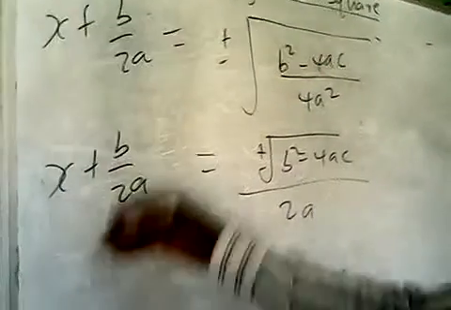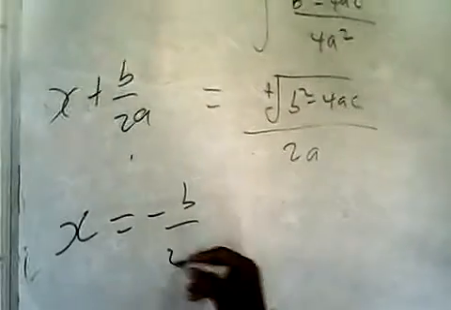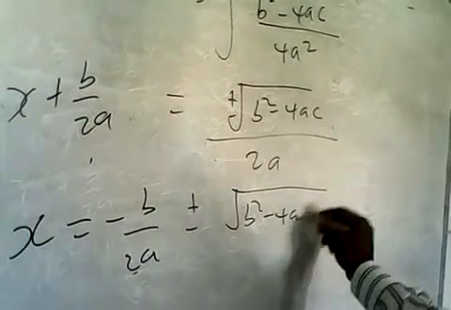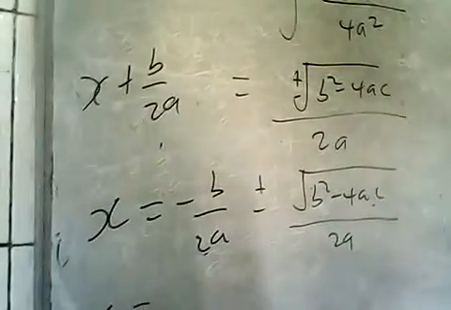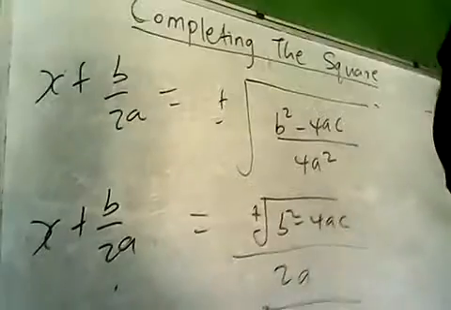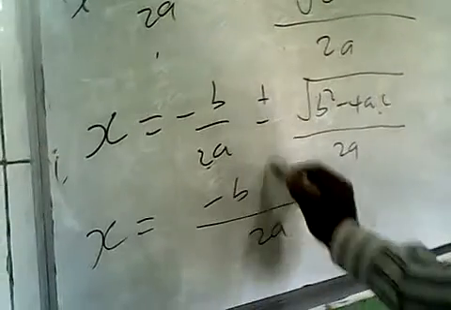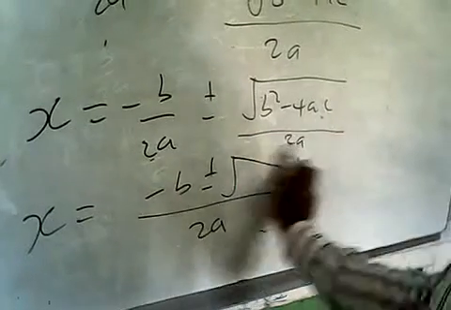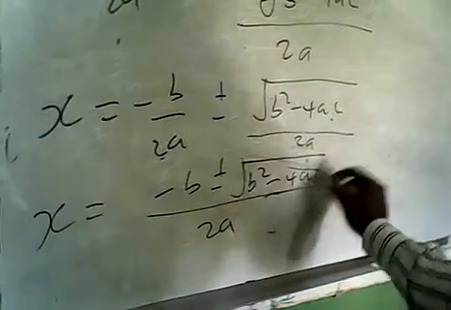The last step is to make x the subject of the formula. Now x is equal to minus b over 2a plus or minus root b squared minus 4ac all over 2a. At the last level, which is step 6, we find the LCM of the right hand side, which is 2a. So we have minus b plus or minus root b squared minus 4ac all over 2a.